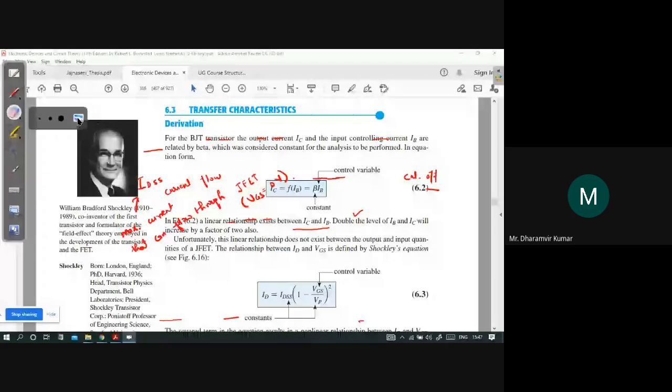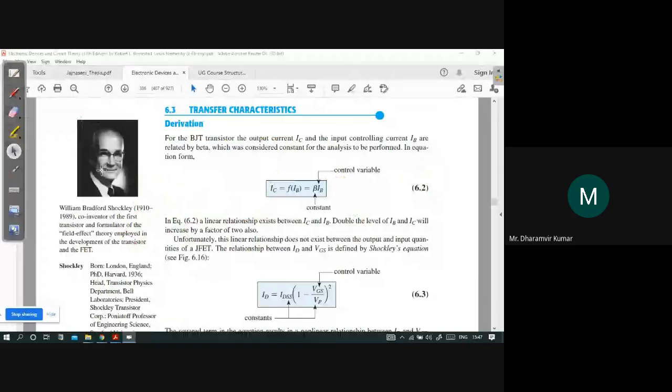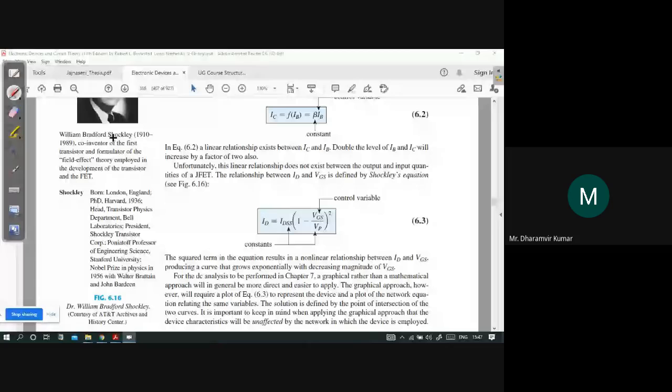There is a very famous equation that describes the current flow for a JFET, and that equation is known as Shockley's equation. It is given by ID is equal to IDSS into 1 minus VGS by VP, whole square.